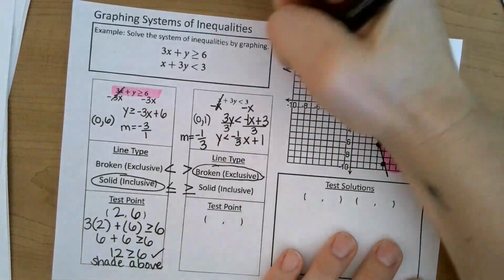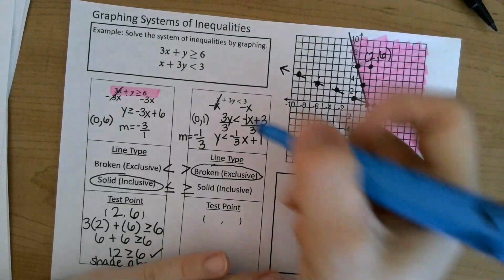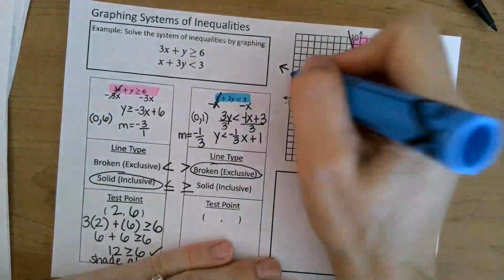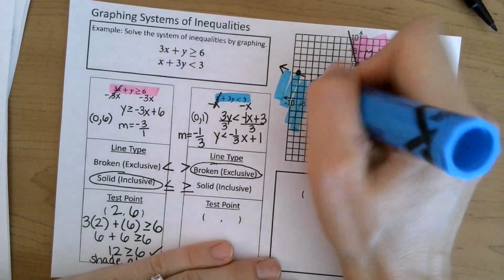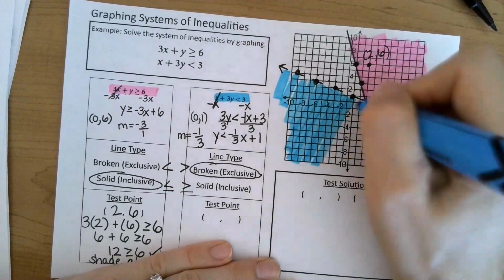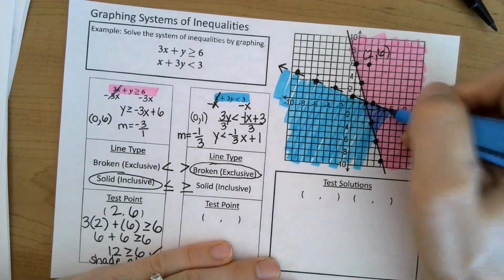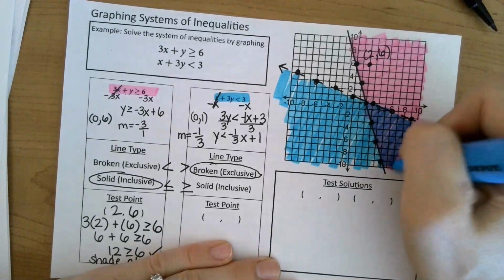So use your other color. Make sure you're going below the entire line. So notice how we are going to overlap with our shaded regions.